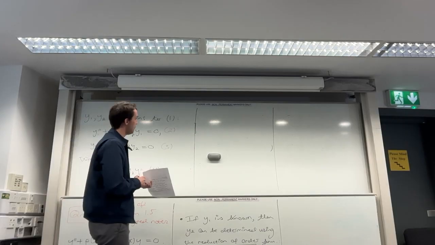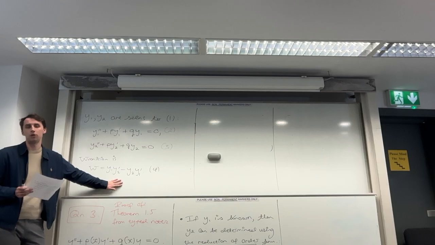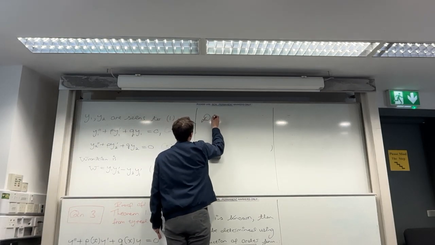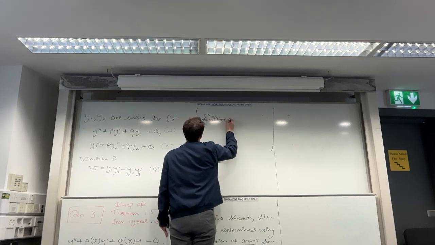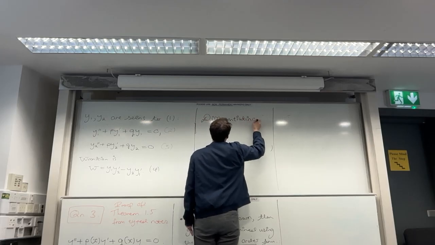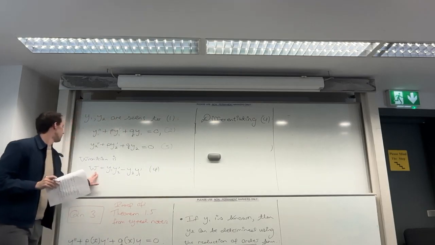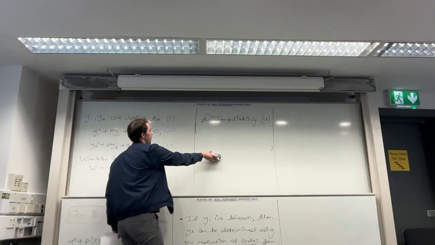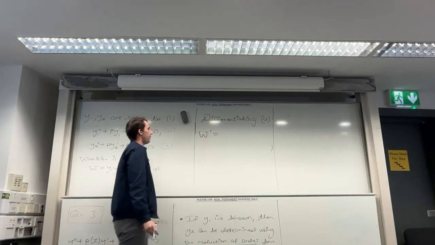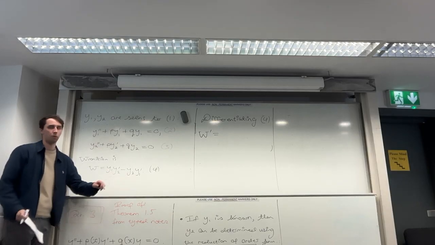So to derive Abel's formula, what we're going to do is differentiate both sides of equation 4 with respect to x. So if we differentiate 4, what do we get? Well, the left-hand side, the derivative of W with respect to x, that's simply W prime. Prime denotes derivative with respect to x. Now, to differentiate the right-hand side, we're going to need to use the product rule twice.